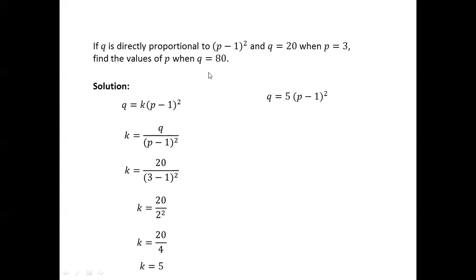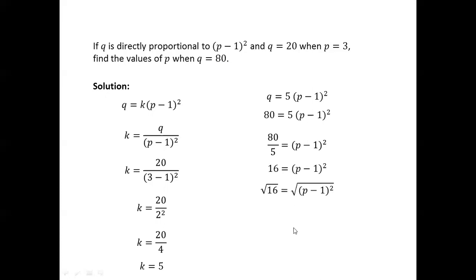Let's now find the value or values of p when q is equal to 80. Substituting 80 to q, we have this. Let's divide each side of the equation by 5, giving us 16 on the left side of the equation. To remove this square here, we get the square root of each side.